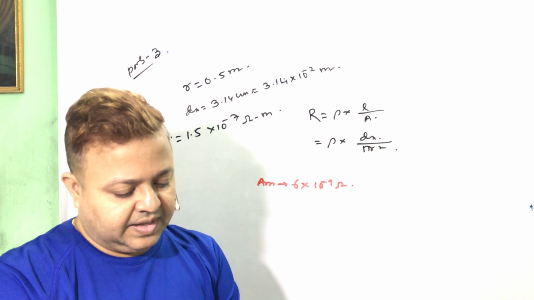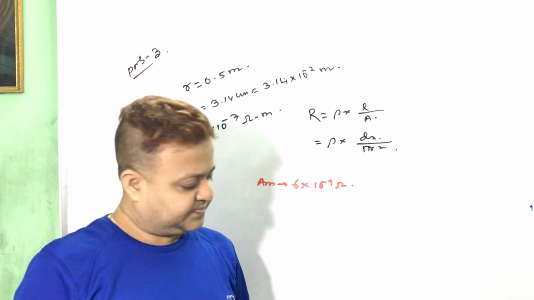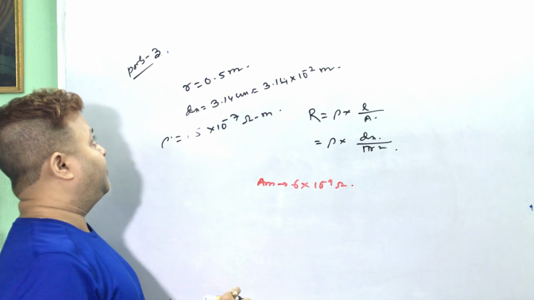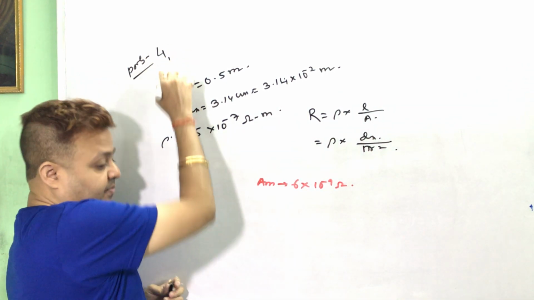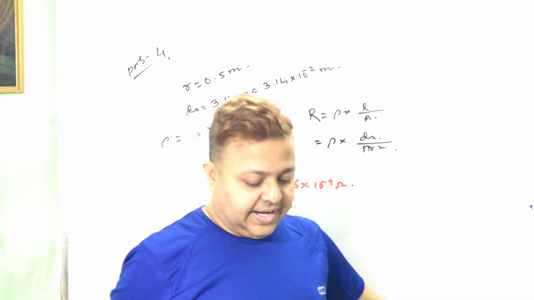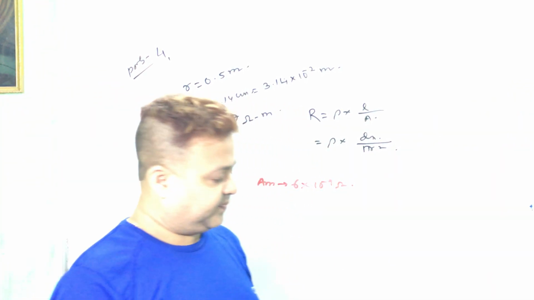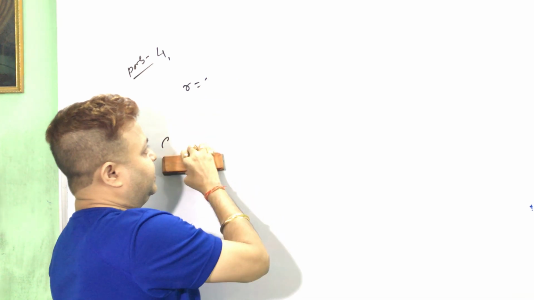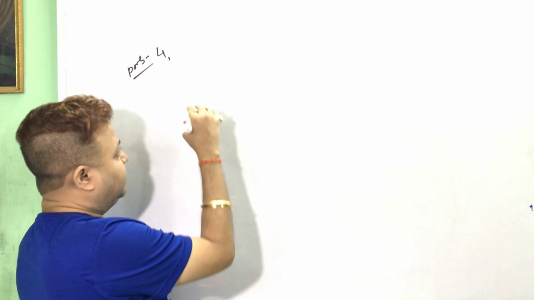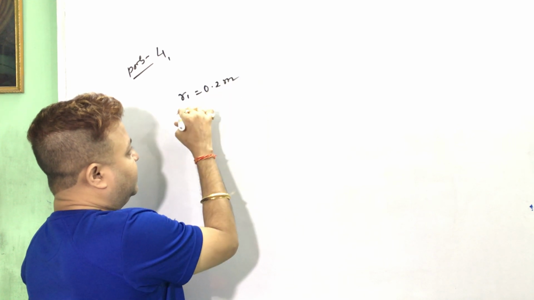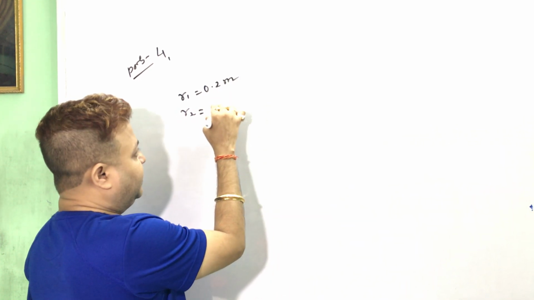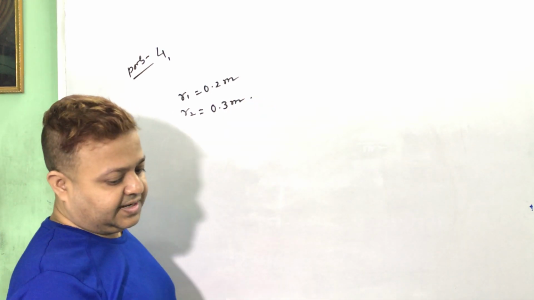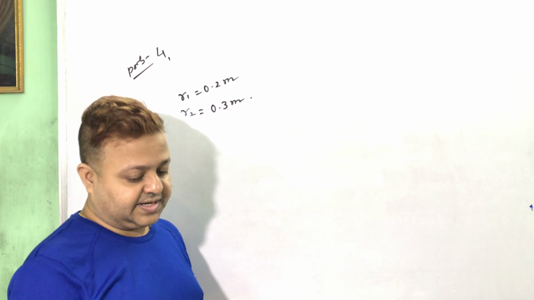Okay. Next one, number 4. Calculate the resistance of a hollow cylinder of inner and outer radius 0.2 meter and 0.3 meter respectively.